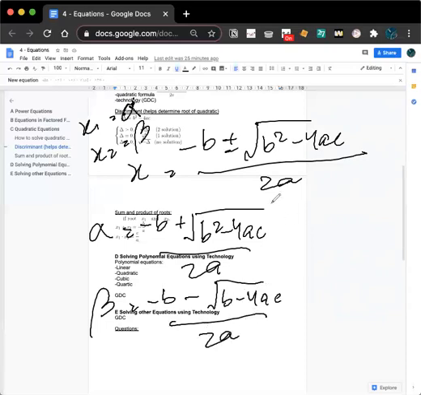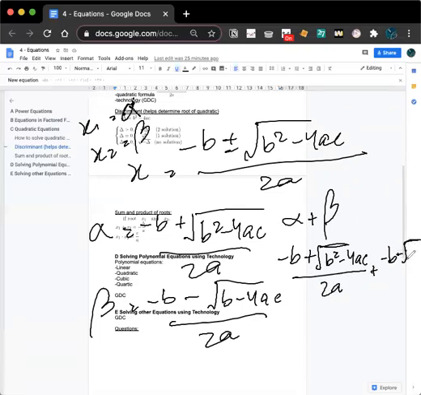So if we add these two up, so let's just say alpha plus beta, that would be minus b plus the square root of b squared minus 4ac over 2a, plus minus b minus the square root of b squared minus 4ac over 2a.